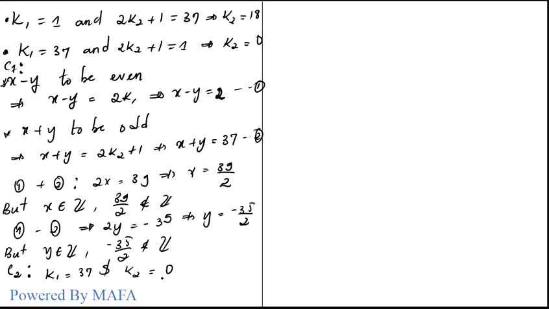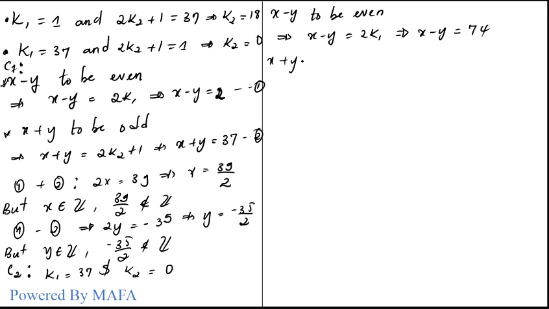Okay, it means that we know x minus y to be even, means that x minus y is equal to 2k1, where k1 is 37, so x minus y is equal to 37 times 2, 74.